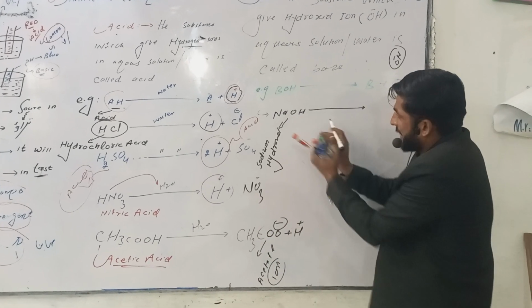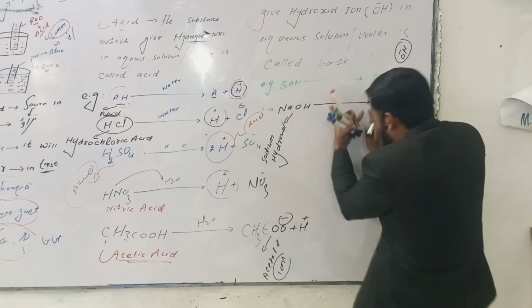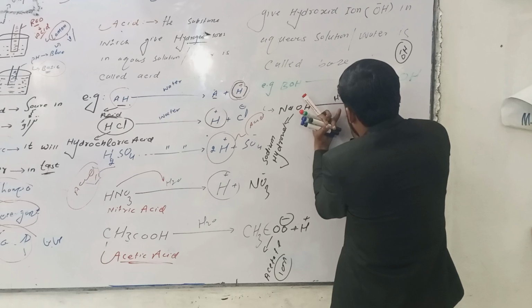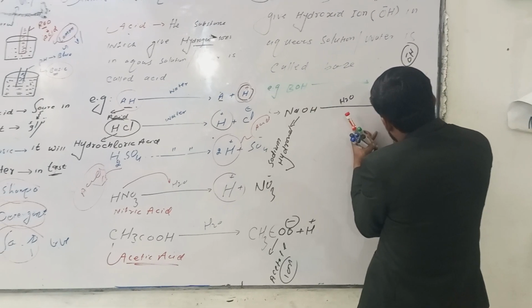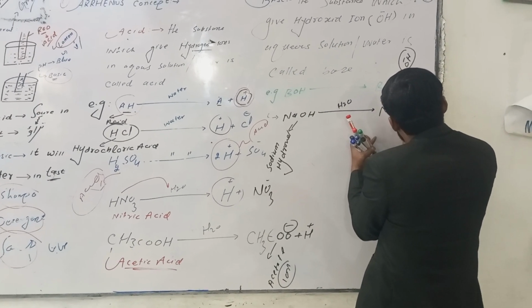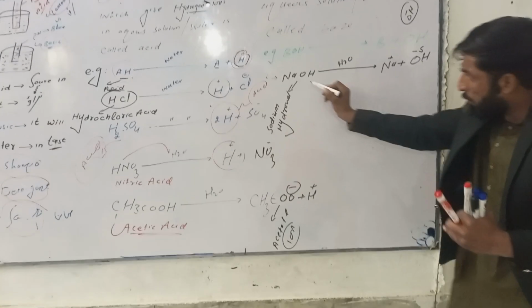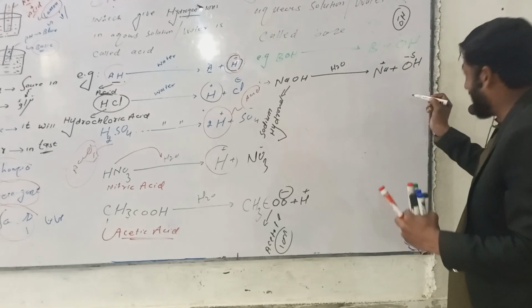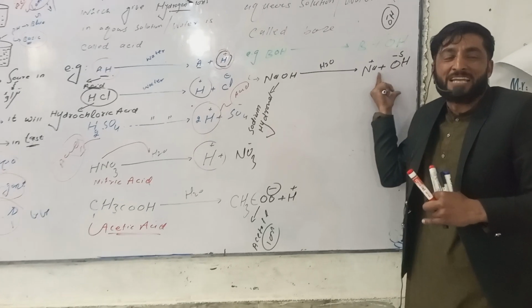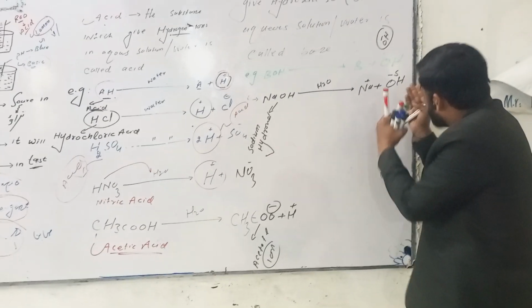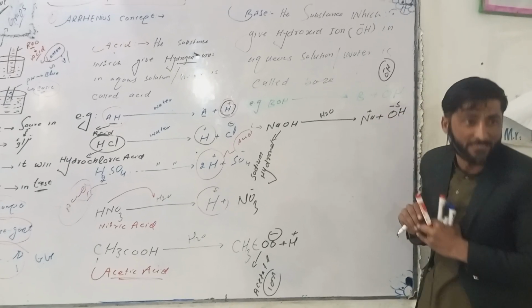When we put this substance in water, it will give us Na plus and OH minus. It means this substance is base. Why? Because hydroxide ion is available right now.